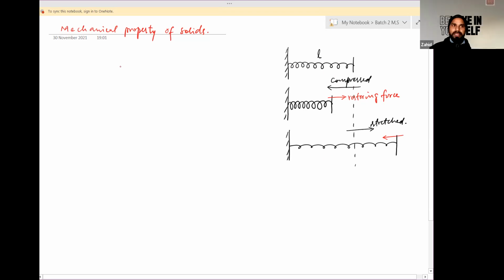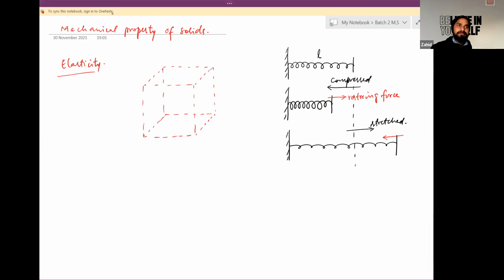Similarly, solid behaves the same. Suppose any solid in which each vertex of a cube is occupied by an atom to form this crystal.